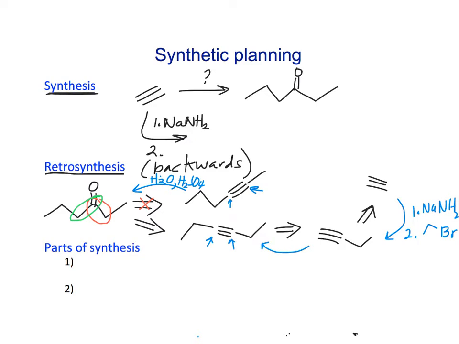We could then do exactly the same thing again and add an ethyl group onto the other side. And we could use a chloride or an iodide. That's just our own choice what we want to use as the halide. So that would give us this symmetrical internal alkyne.